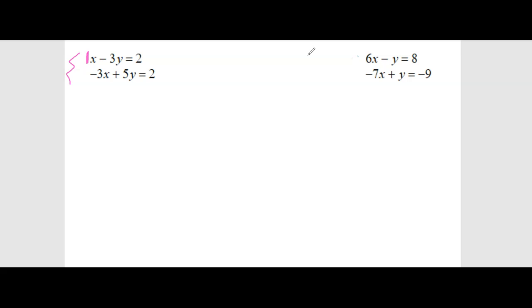The x here has a coefficient of 1, so you want to get the x by itself in that equation. That will ensure that there are not going to be fractions for you to work with, unless there were already fractions in the equation, but here they're not. So if you can find the variable that has a coefficient of 1, you want to solve for that variable. That's going to be the easiest path to getting to the solution.